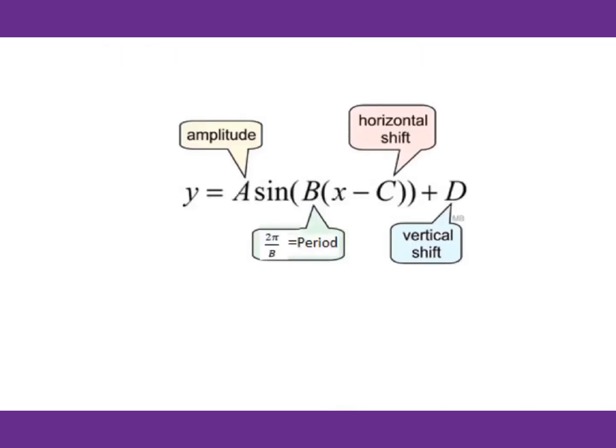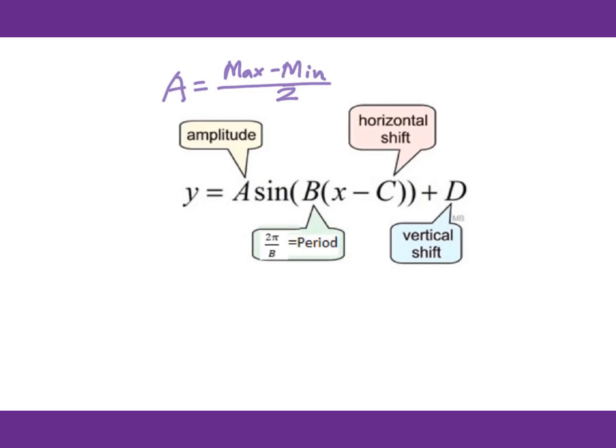First of all, let's talk about this sine function. For a, we call this amplitude. This a equals maximum minus minimum over 2.